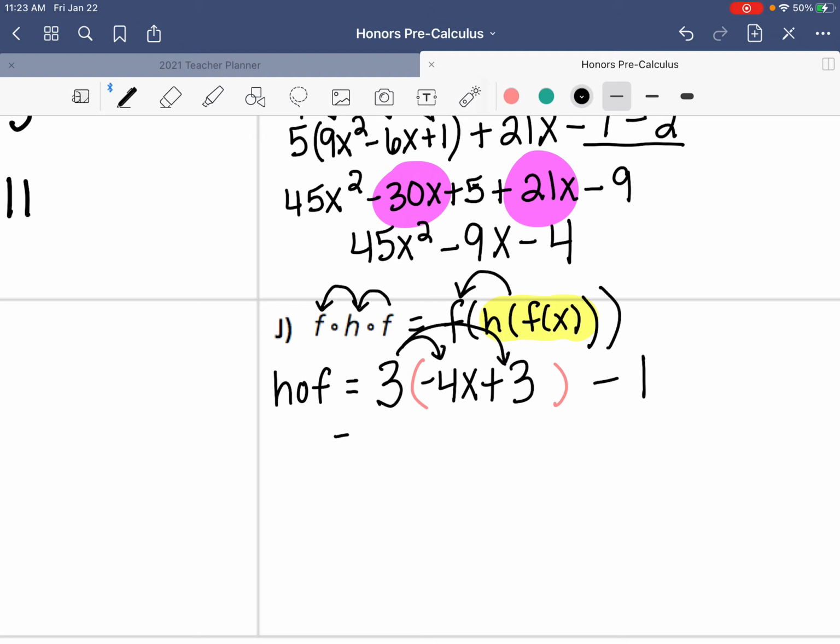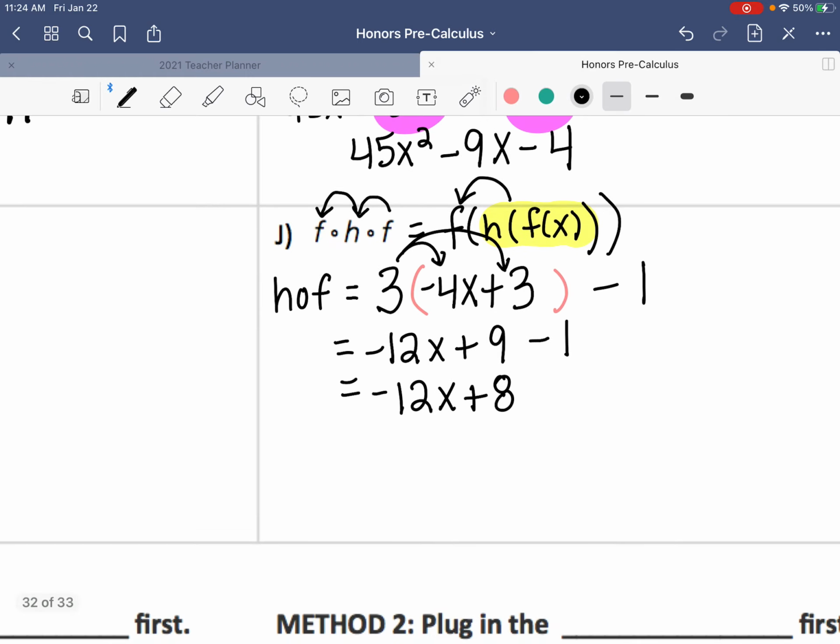So we're going to simplify that. We're going to distribute. And that's going to give me negative 12x plus 9 minus 1. And then I have negative 12x plus 8. So we know that what's in yellow, the h of f of x is negative 12x plus 8.